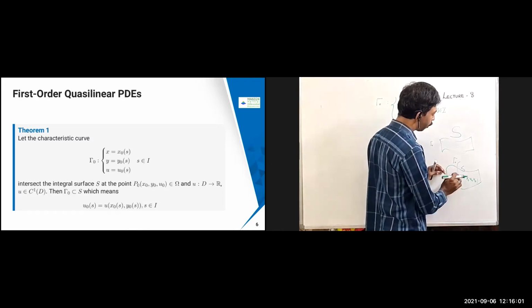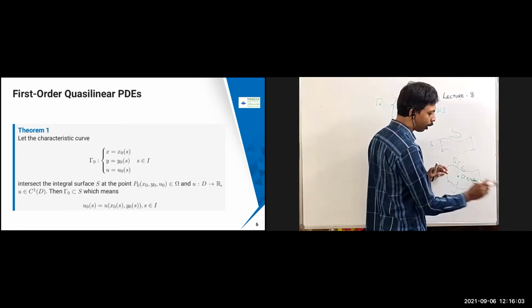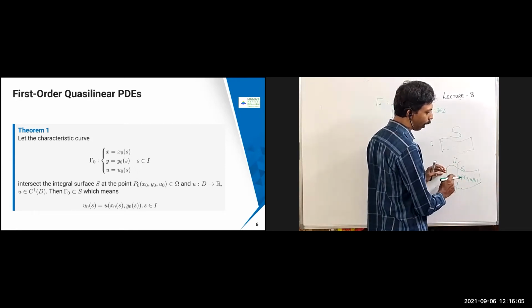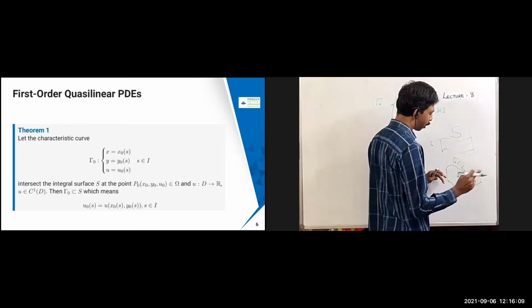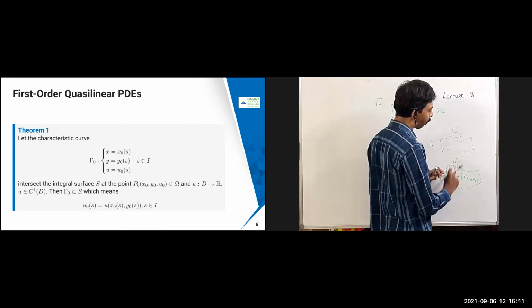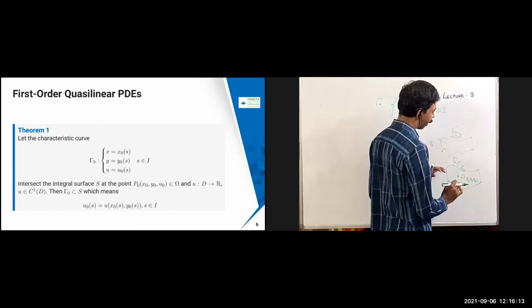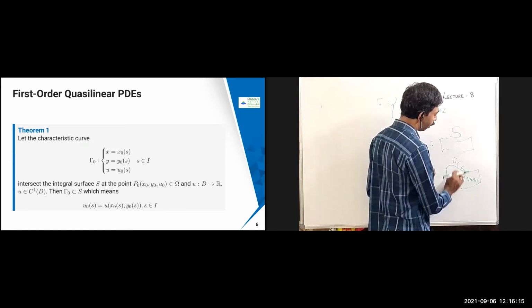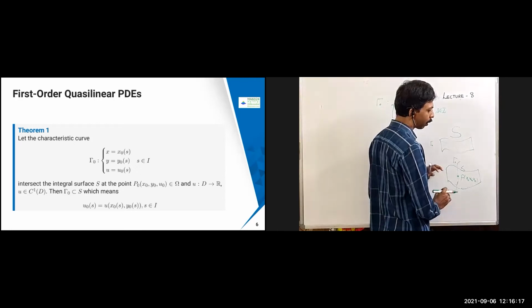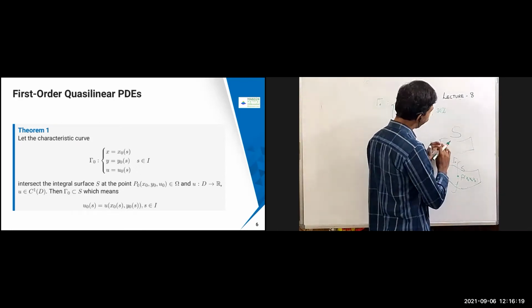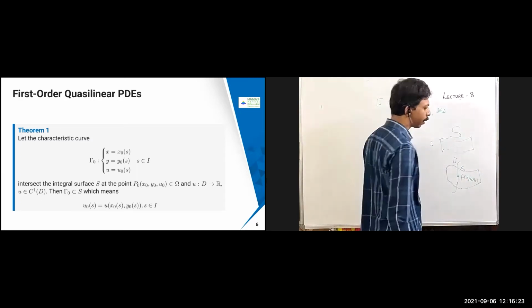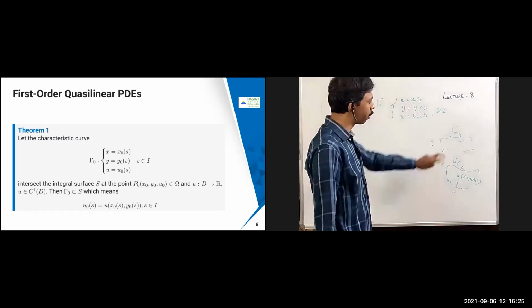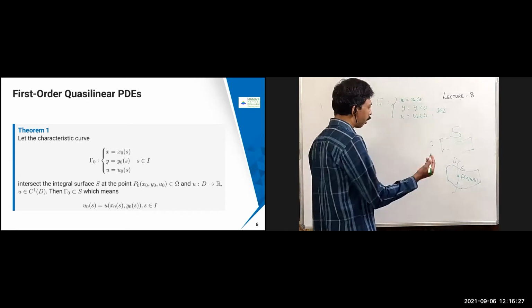If it is intersecting here and satisfies this condition at the point x naught, y naught, u naught, and u is a C1 of D function, then this theorem guarantees that it not only intersects this surface at this point, but the entire gamma naught determined by this is going to lie in this surface itself.